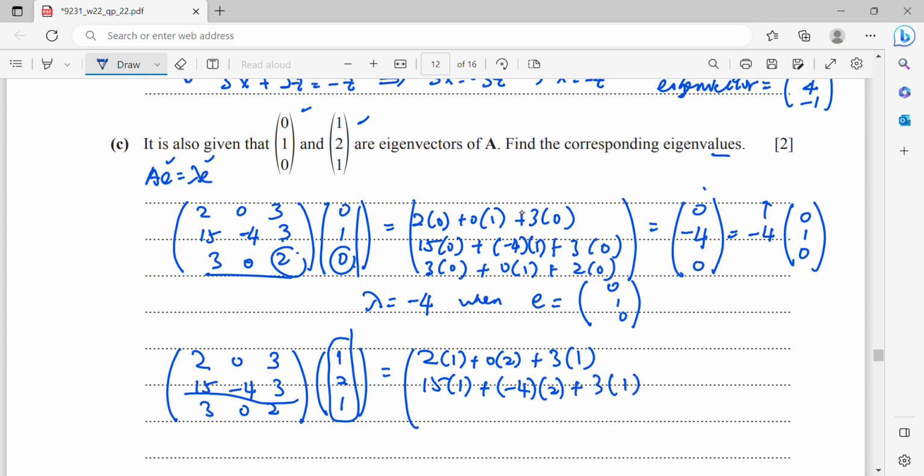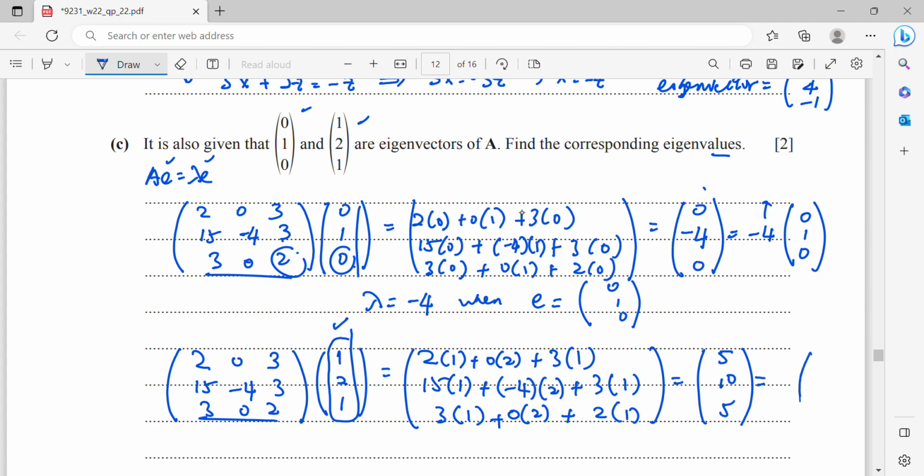Lastly, last row times first column. So 3 times 1 plus 0 times 2 plus 2 times 1. So just multiply. So now at last you will get 5, 10 and 5. Okay, remember we must get 1, 2, 1.